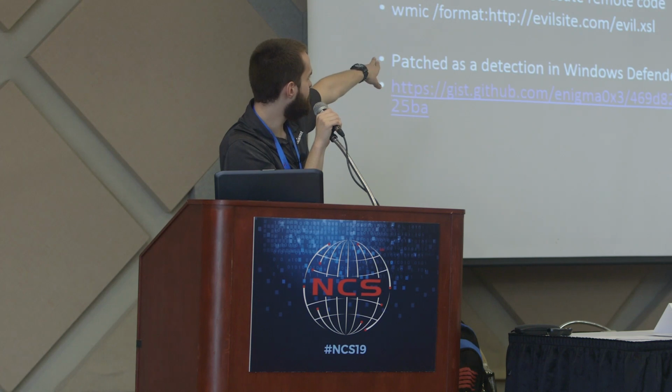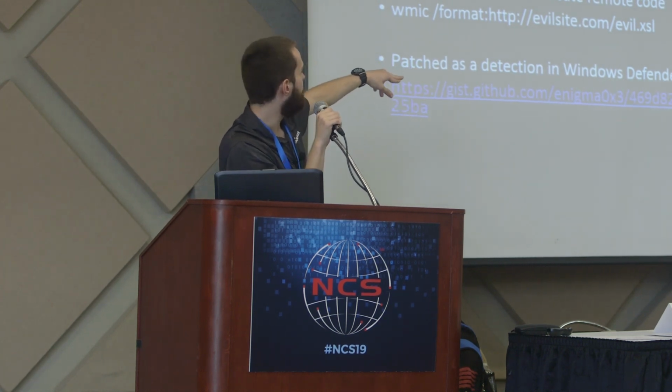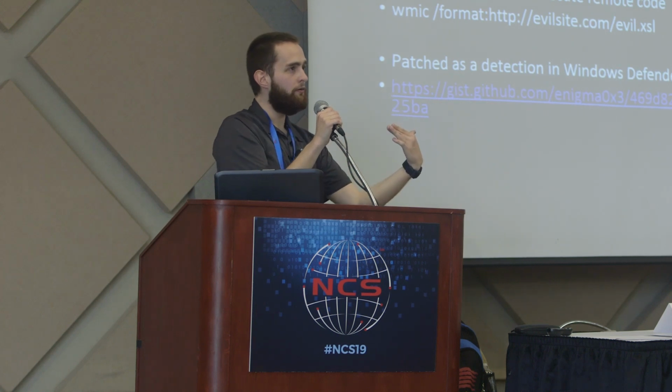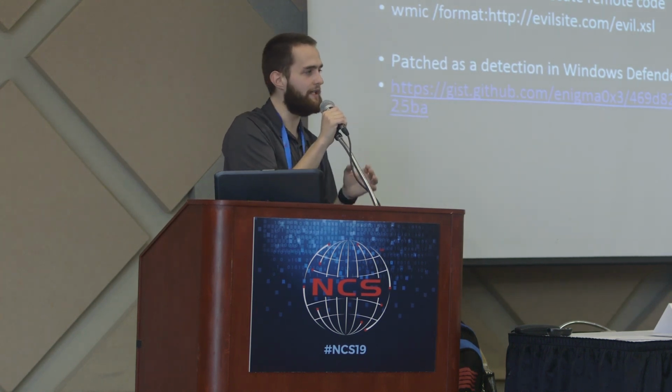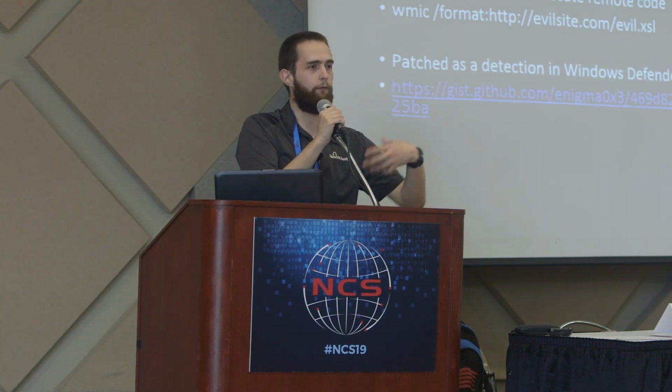You could pass it a URL with an XSL file, which is an XML file containing .NET code inside of it. So you're not even running an exe or a DLL, you're running an XML file. And these actually show up in a lot of different places. Theoretically, the XSL files are for transforming formats of XML that's being sent out.